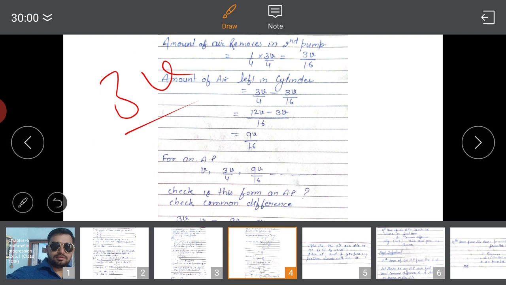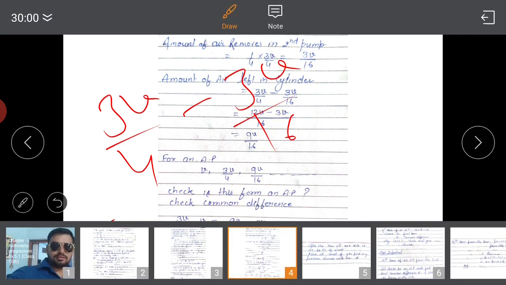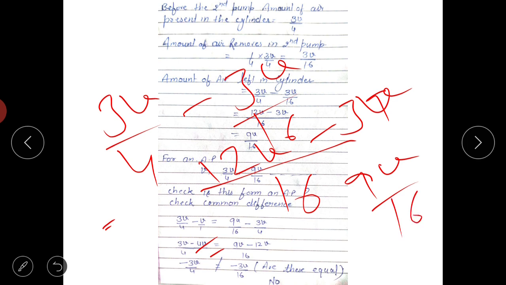The amount left in the cylinder after the second pump out is the present air, 3V by 4, minus the pumped out 3V by 16. Then subtracting, the LCM is 16, so 12V minus 3V equals 9V by 16.